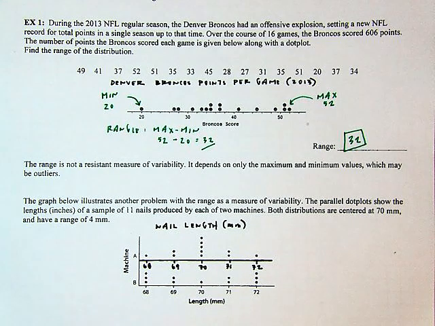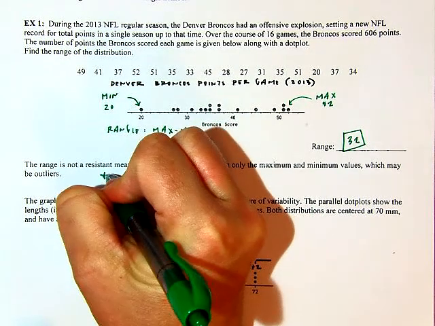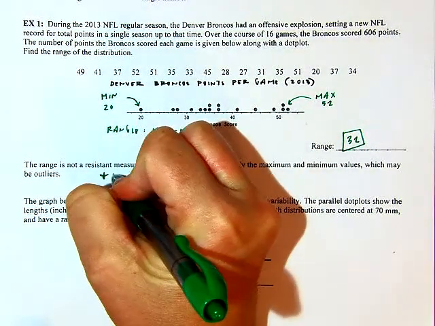Okay, but the range is often not super helpful because it's not a resistant measure of variability. It depends on only the max and min values, which may be outliers. So we know that outliers could have a big impact on the range.